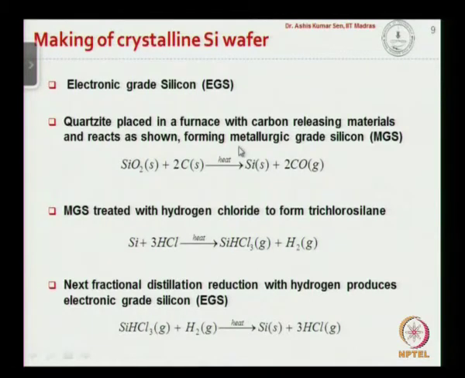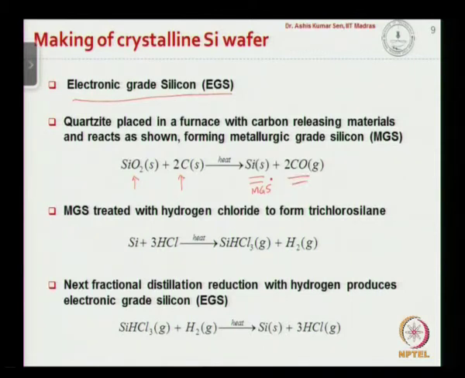Now let us talk about how we make silicon wafers. This is a procedure used to create electronic grade silicon. First we take quartzite and place it in a furnace with a carbon releasing material, and the reaction in the presence of heat produces metallurgic grade silicon, MGS, and carbon monoxide.